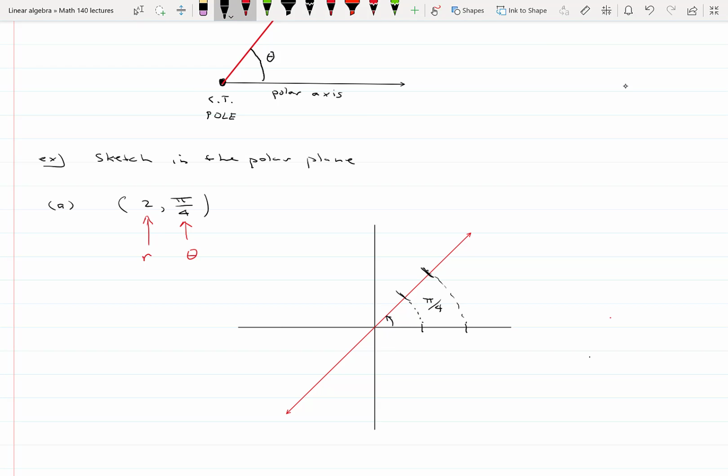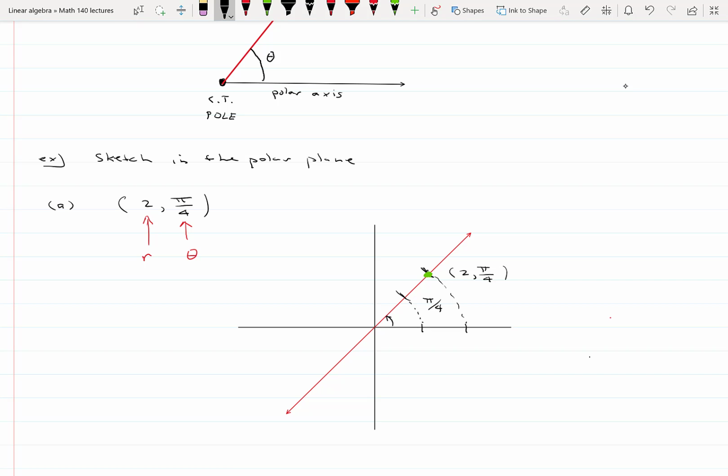I'll give it a nice thick point in, let's say, green. Right here. And that's the point (2, pi over 4). So when you're graphing in rectangular form, you might look at the x-coordinate first and the y-coordinate second. I prefer to look at the angle first, and then along that rotated x-axis, then I plot the point.